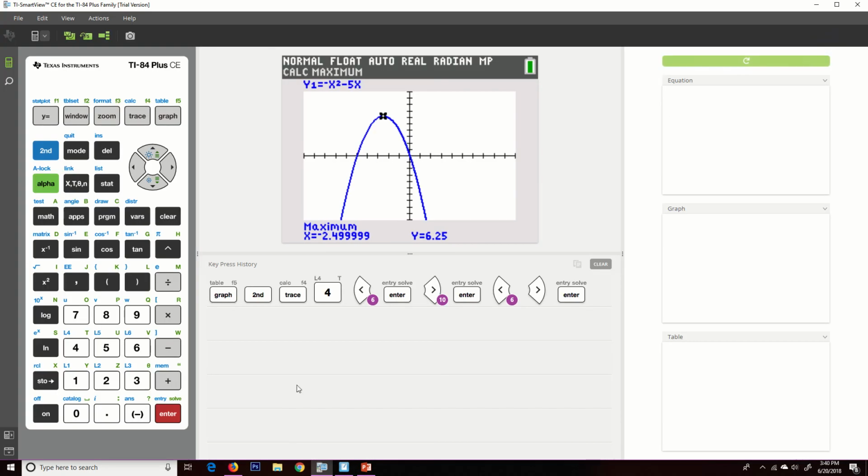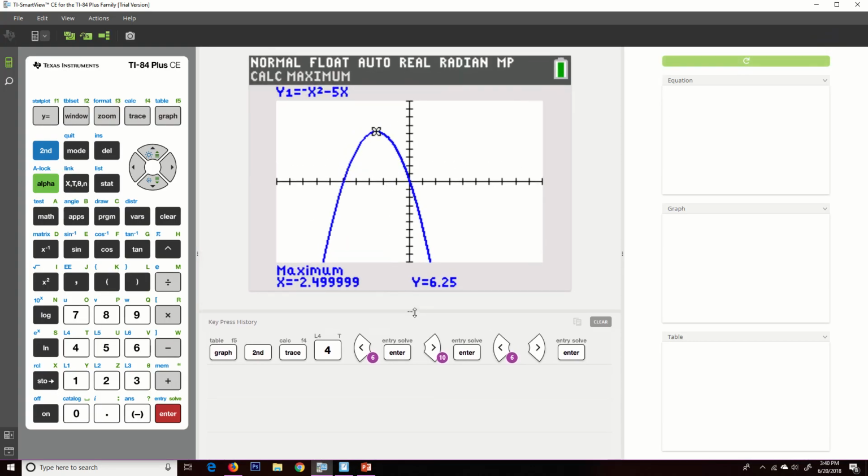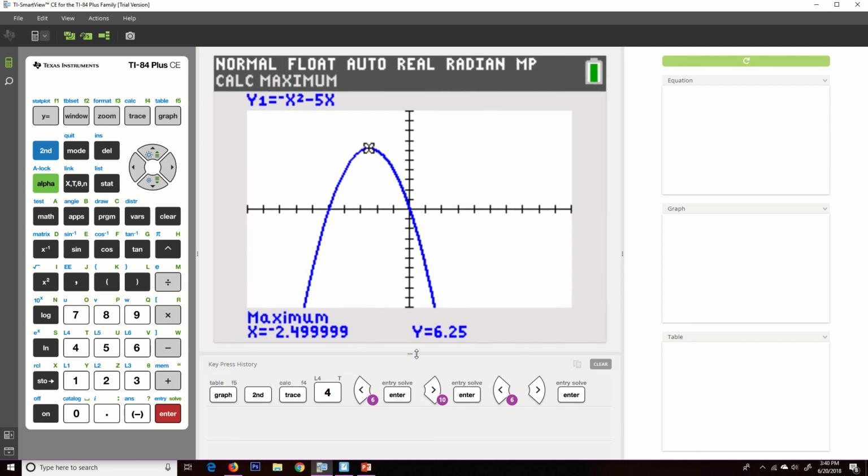And so look at the picture here. So from negative infinity, over here off the window, all the way till we get up to this point at negative 2.5, this function is going to be increasing. And then from that point until we go off the screen and over to infinity, it's going to be decreasing.